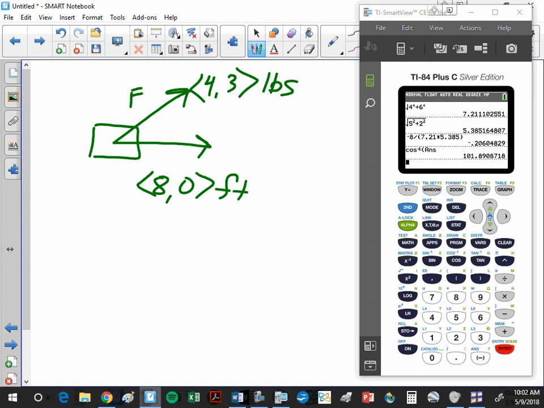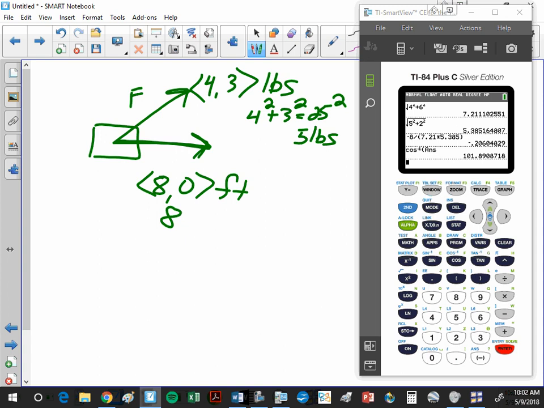So I got a big weight, and instead of pulling parallel to the ground, I'm pulling at an angle. And how hard am I pulling? Well, 4 squared plus 3 squared equals 5 squared. So I'm pulling with a force of 5 pounds. Right? And I moved it a total of 8 feet. So how long? That's just going to be 8, right?